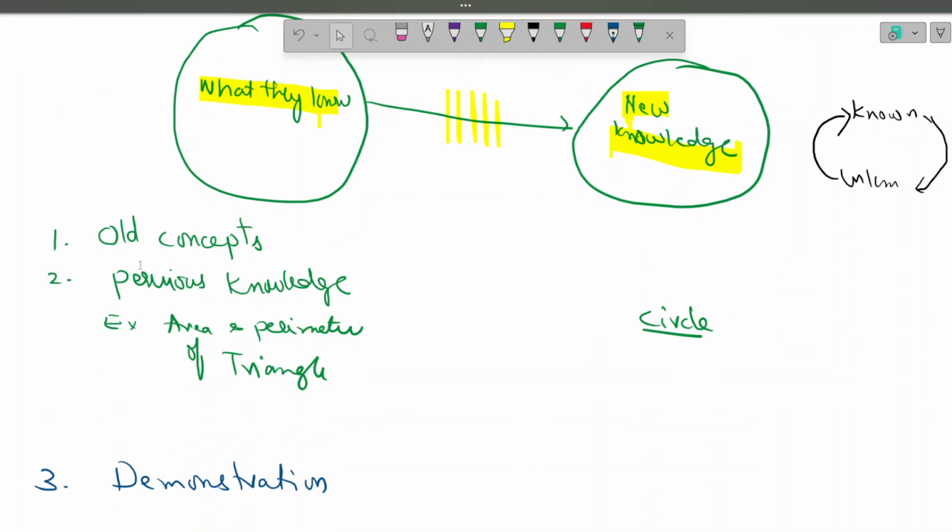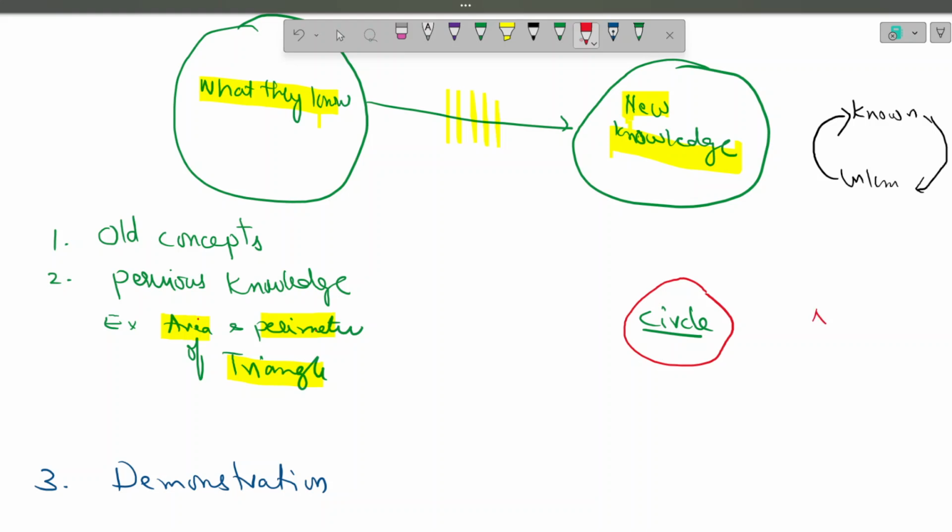Suppose you want to teach circles. To teach circles, the students have already completed the triangle. In triangle, they have completed the area and the perimeter. The same concept you are teaching for circles. They know the concept of area. For a triangle, area is half base into height.